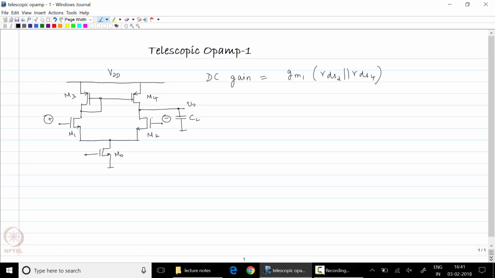Now let us assume that I want to increase the gain of this op-amp. So I want even larger DC gain. That is our goal. As you can see, the DC gain as we have it now is of the order of the intrinsic gain of a device.